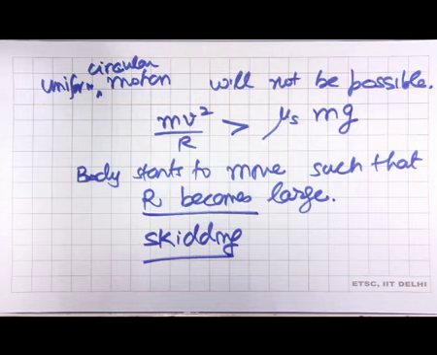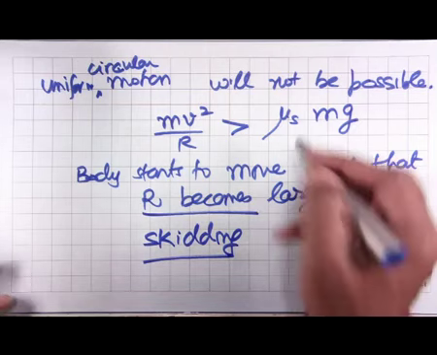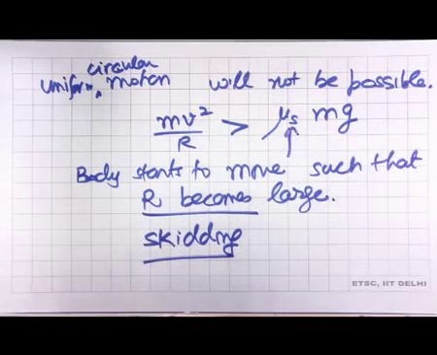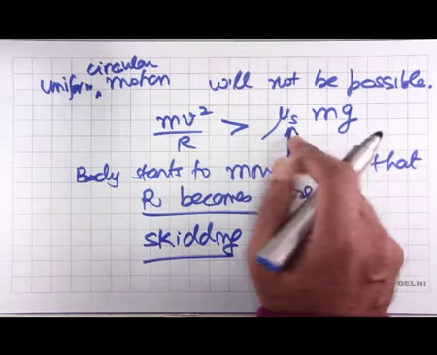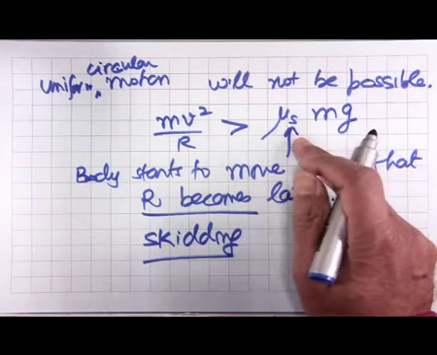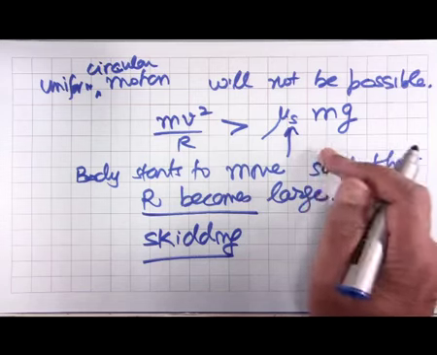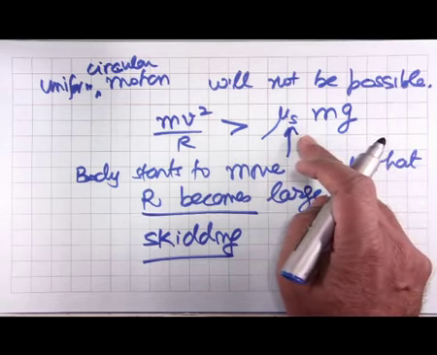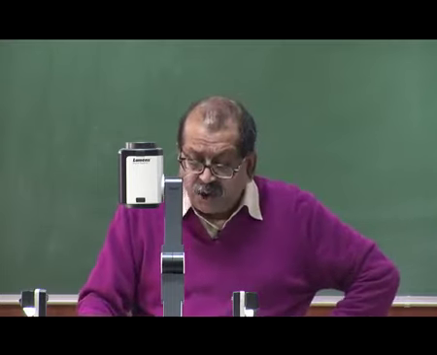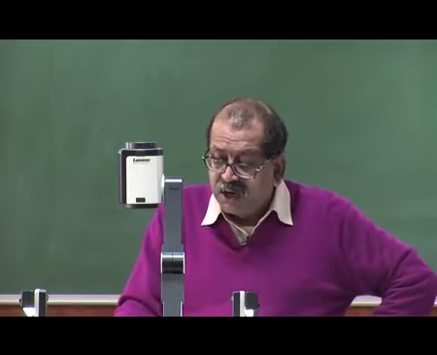So, to prevent skidding, what can be done? Well, normally skidding is possible on a surface where mu is low. That is why when we have icy surfaces, there is a possibility of vehicles skidding when they go along a curve, and therefore, to prevent skidding, what should the driver do?